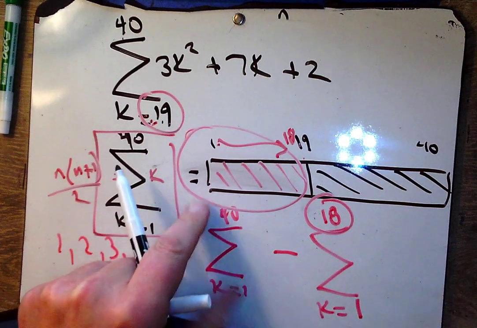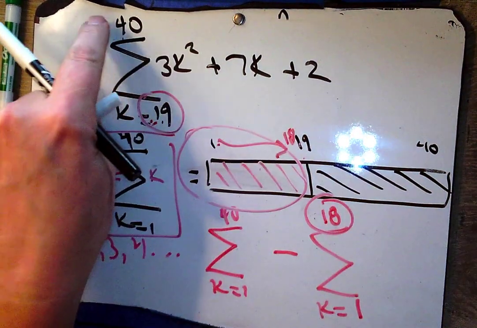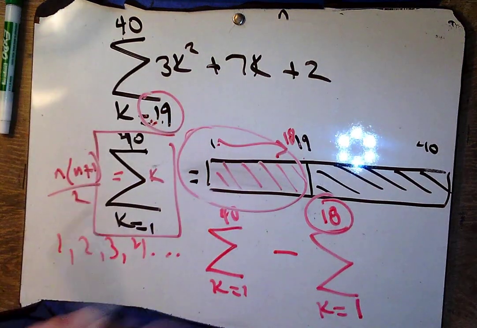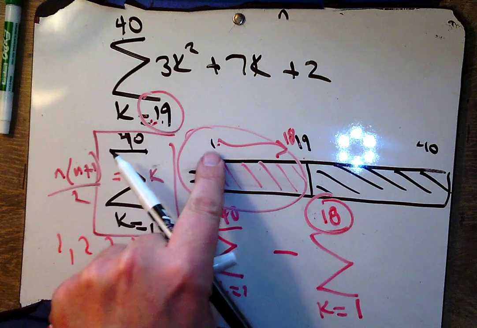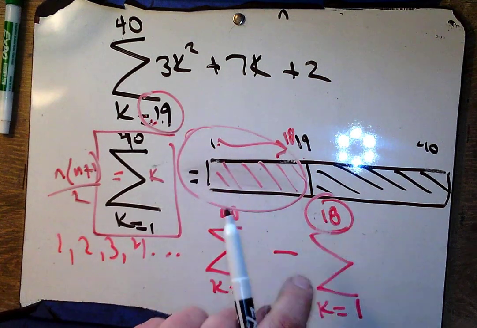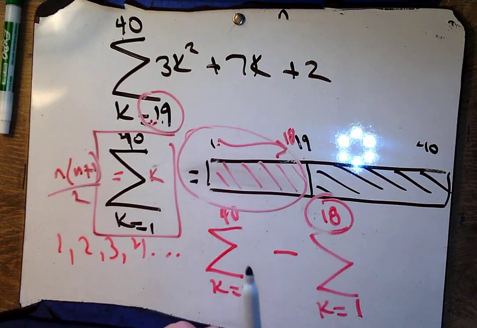One of my sigmas goes from 1 all the way out to whatever that is. But that's overcounting. I need to get rid of the sum of these first 18 terms, so I'm going to go from 1 to 18.